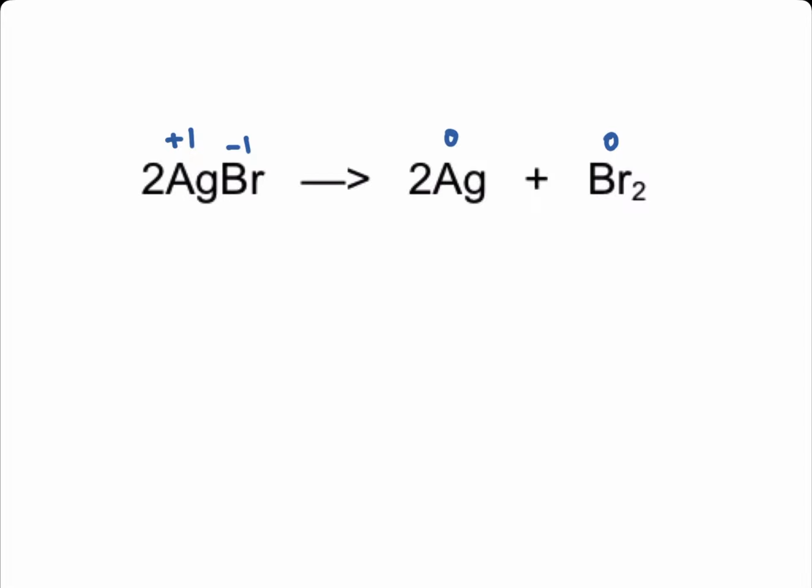So now I want to examine the oxidation reduction process. Silver, Ag plus, goes to silver 0, and this is called a reduction. And that means that the silver plus is being reduced. So not the entire molecule, just the silver plus.